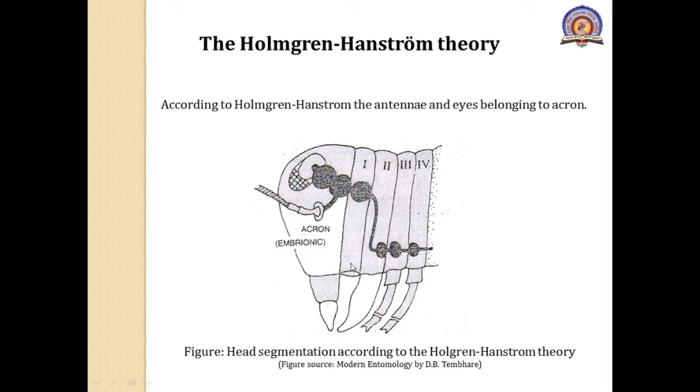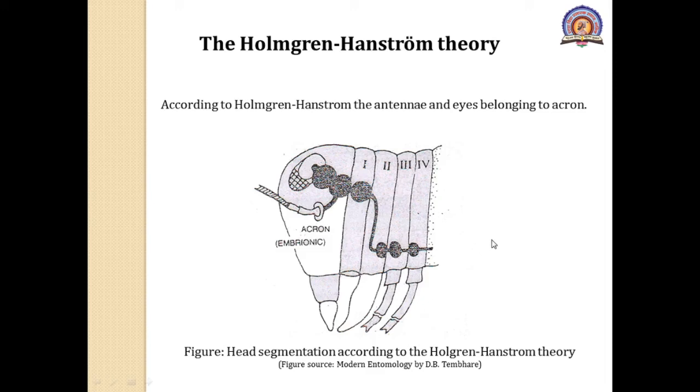So the single intercalary segment along with the acron forms the procephalon part of the insect head, while obviously there is no controversy regarding the gnathocephalon. It consists of again 3 segments: mandibular, maxillary and the labial segment. All these form the gnathocephalon. So this is about the Holmgren and Hamstron theory.